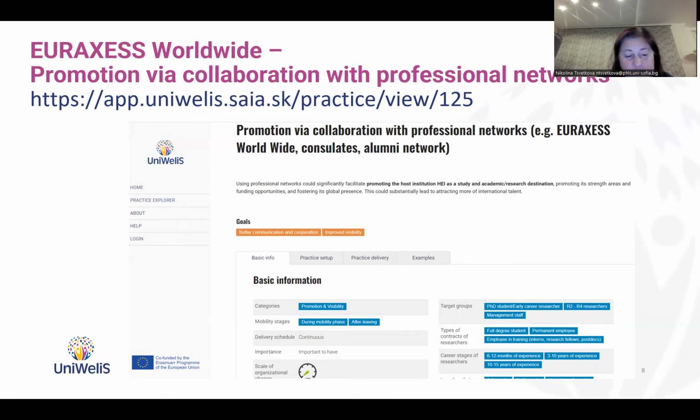This could substantially lead to attracting more international talent. There are different suggestions of how this promotion via collaboration with professional networks can be done. For example, by using the Euraccess network worldwide, by working with different consulates represented in the country, by contacting alumni networks, and so on.